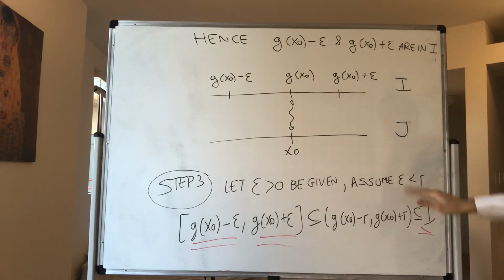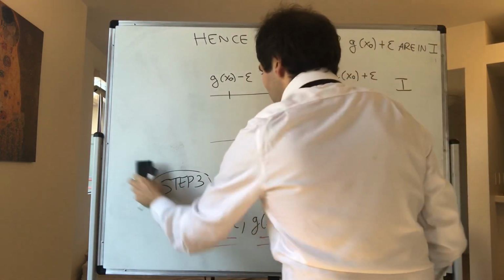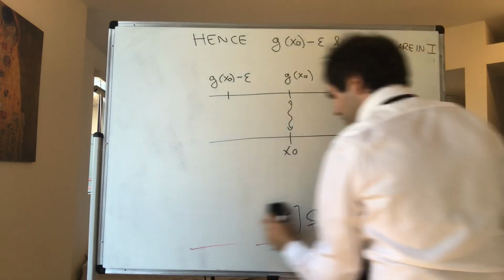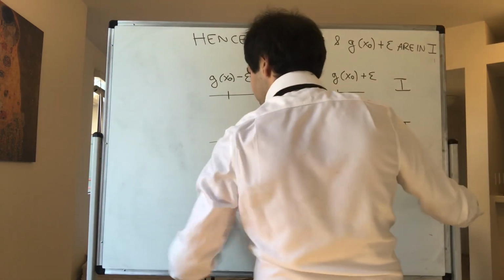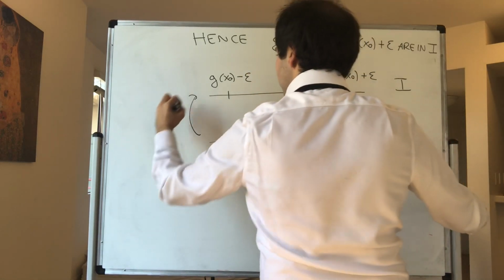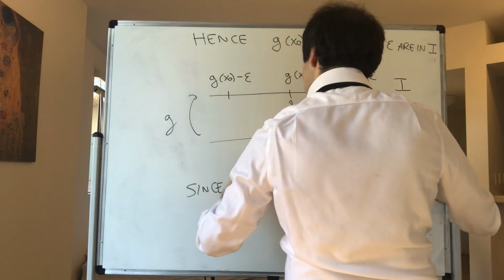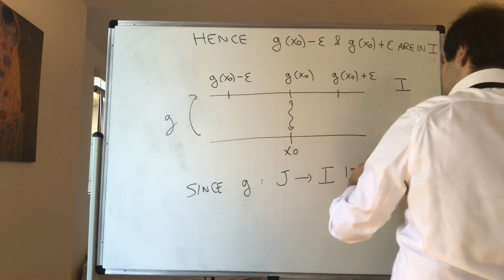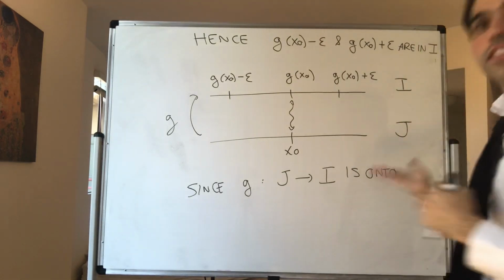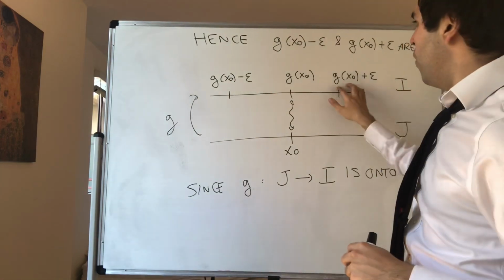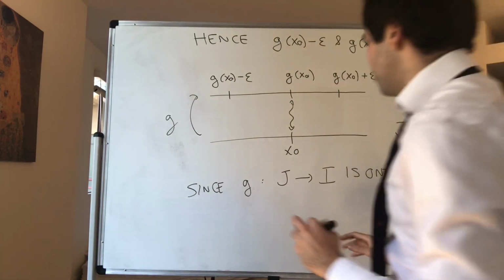However, moreover, notice that g itself is onto, because it's invertible. So since g goes from J to I and is onto, again because it's invertible, we actually get that those two points are of the form g of something.